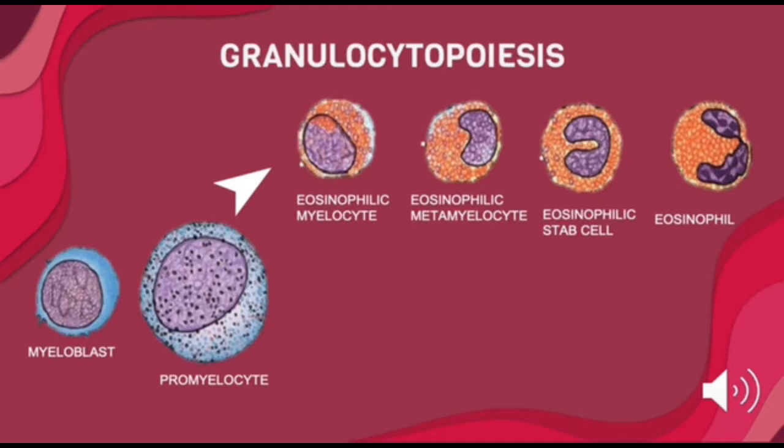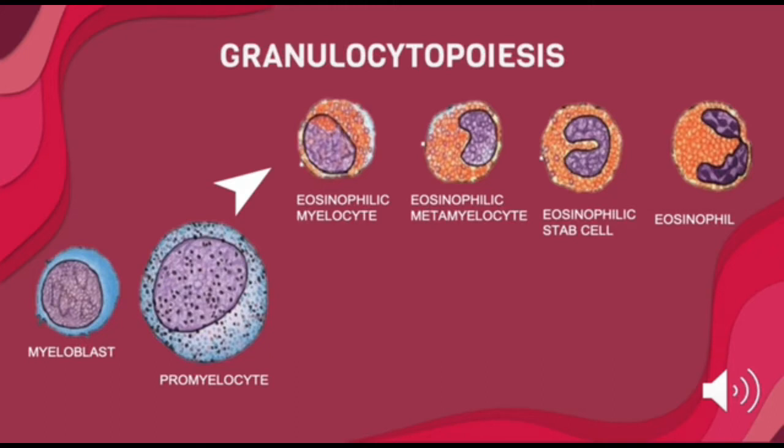The process starts from leukocytes, which originate from hemocytoblasts. Hemocytoblasts will then differentiate into myeloid stem cells and also lymphoid stem cells, but in this case, it is myeloid stem cells. Starting from myeloid stem cells, it becomes myeloblast, as seen in the first stage in this slide.